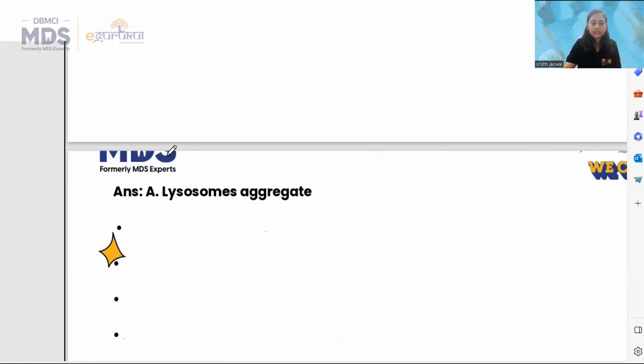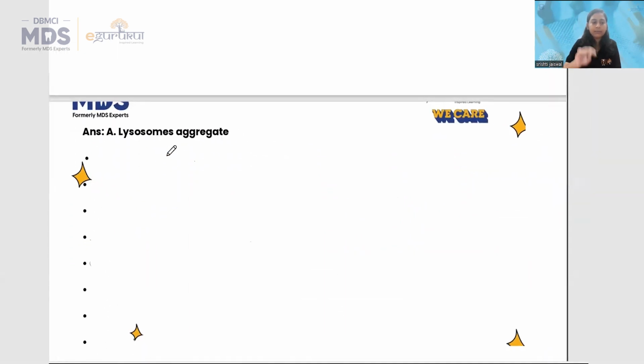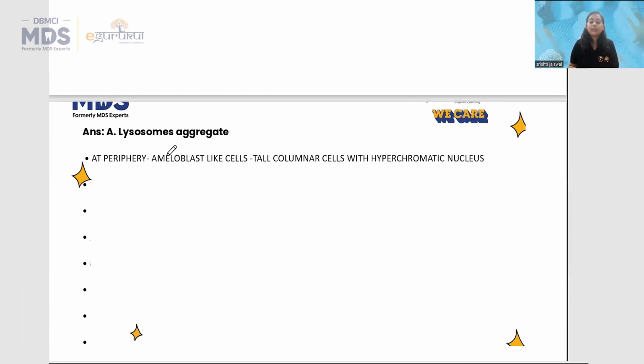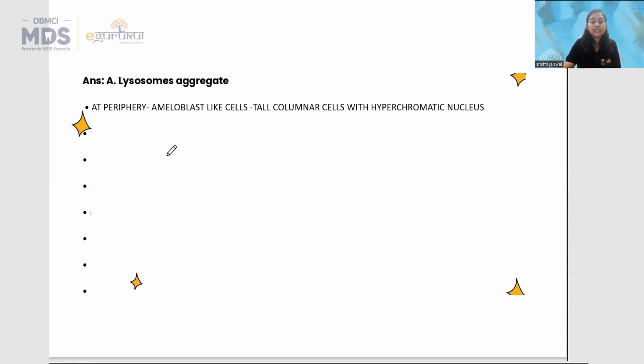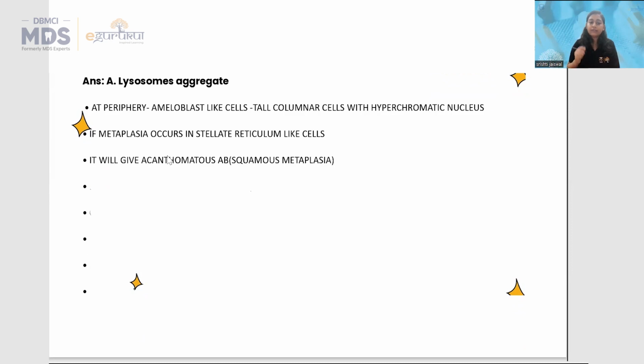Now let's jot down all the important points. At the periphery, we have ameloblast-like cells. What are these ameloblast-like cells? These are tall columnar cells with hyperchromatic nucleus. Next, if metaplasia occurs in the stellate reticulum-like cells, the first is acanthomatous ameloblastoma.